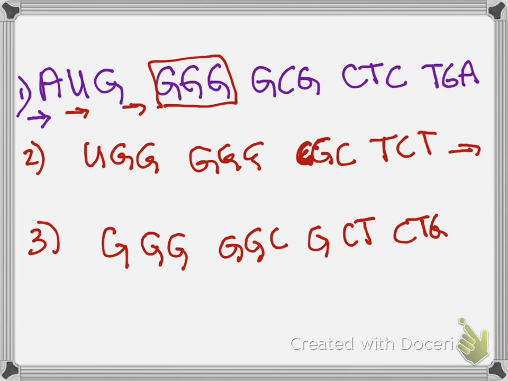If you have a 1 nucleotide deletion, your reading frame shifts over by 1 nucleotide. If you have a 3 nucleotide deletion, you're back at your original reading frame. It's just that you'd be missing that first amino acid. So there are 3 reading frames.